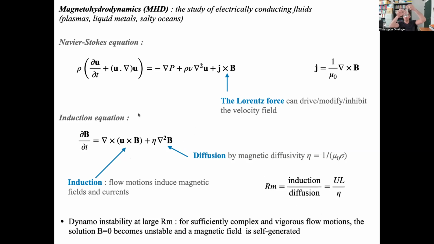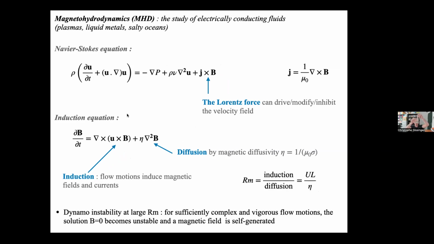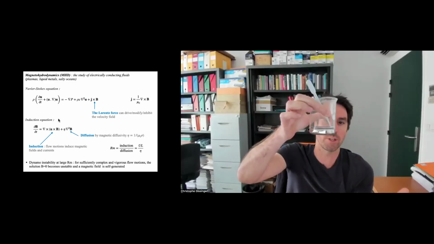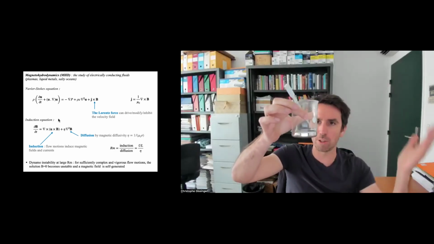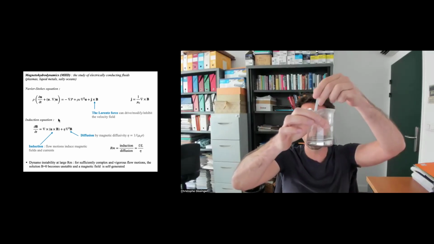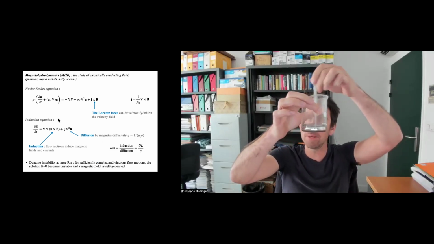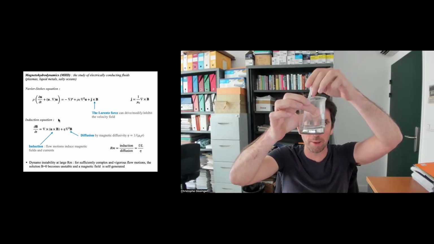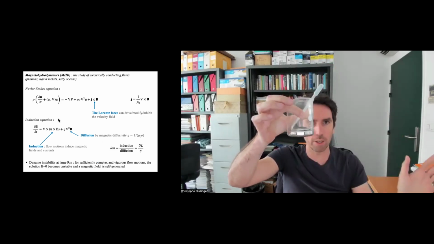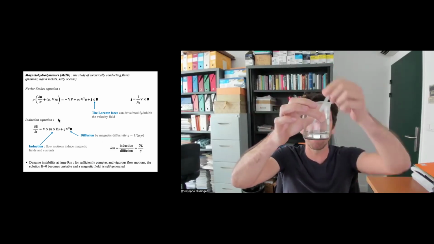We have some liquid gallium, and I can stir this liquid and induce some flow. But of course, the magnetic Reynolds number in this example is very small, maybe 10 to the minus 6 or 7. So while I'm doing that, clearly B equals 0 remains a solution, and I'm just doing classical hydrodynamics, but with a very expensive liquid.